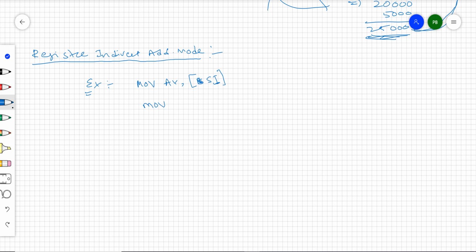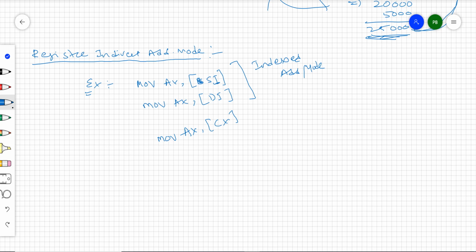Another example is move with DI. Both are called indexed addressing mode as well as register indirect addressing mode. The other examples you can write like this, relative addressing mode.